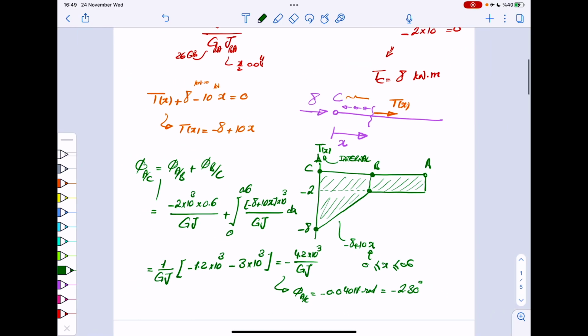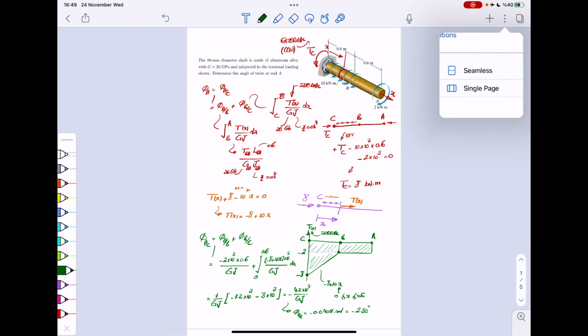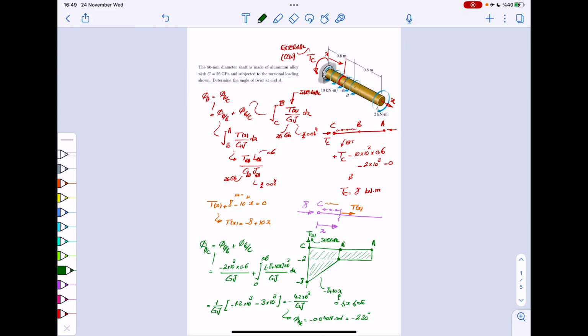You can pay attention again, it's minus, but its sign being minus shouldn't be a big surprise. The way you apply the moments, they are clockwise. And clockwise in our convention means minus. So twisting something clockwise will cause a clockwise angle of twist. That's the idea. So minus just means it is clockwise.